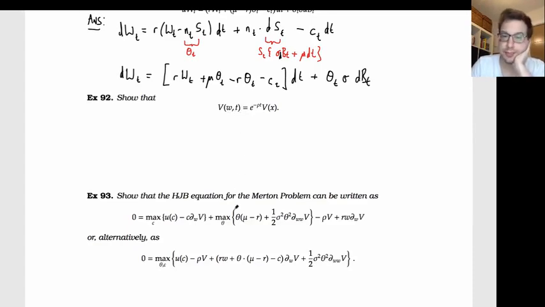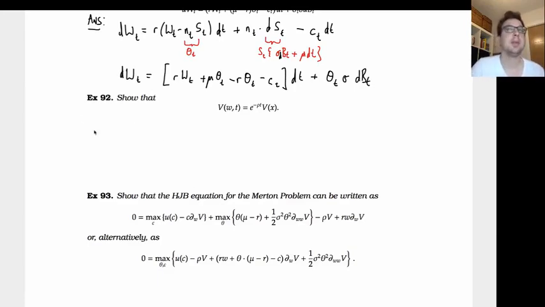That's one of the properties we can notice when we apply a discount factor to a diffusion control problem. And we're going to look for some other properties of this value function, v of x, as well, which are going to help us find the solution. We're going to do that for specific types of utility functions.